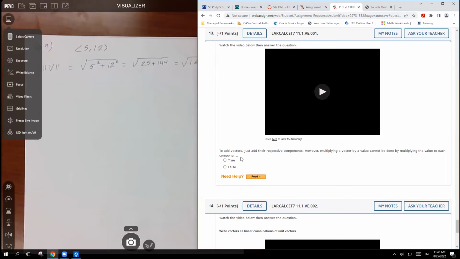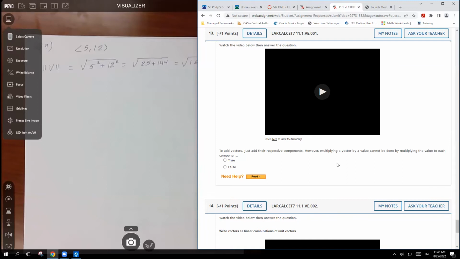But here, check. To add vectors, just add their components. That's right. If you want to add two vectors, you add the components. However, multiplying a vector by a value cannot be done by multiplying the value to each component. Is that true or false? Seems like false.